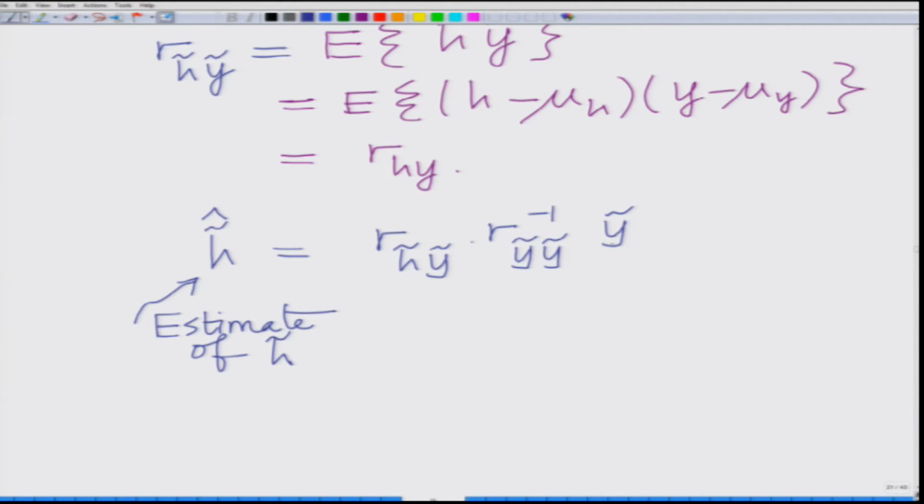So, this is your MMSE estimate of h tilde given y tilde.